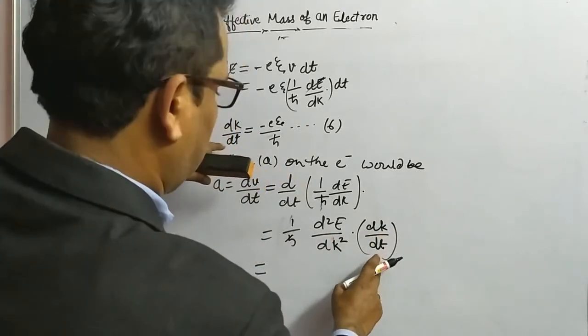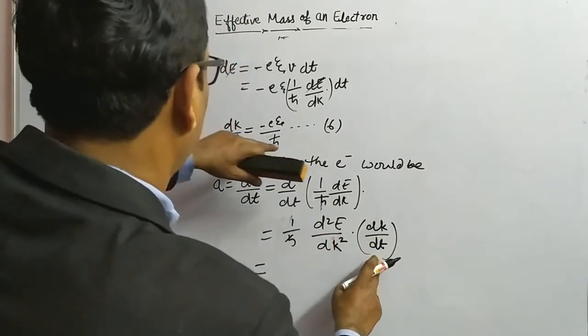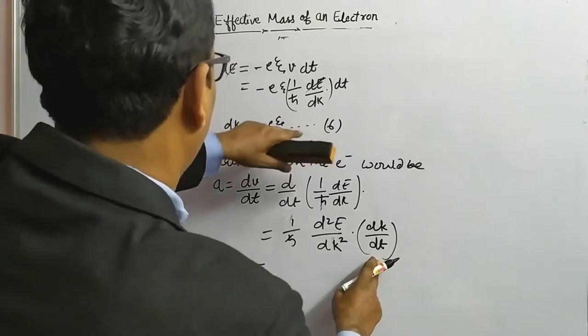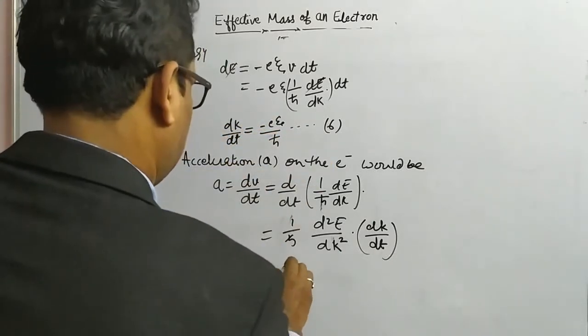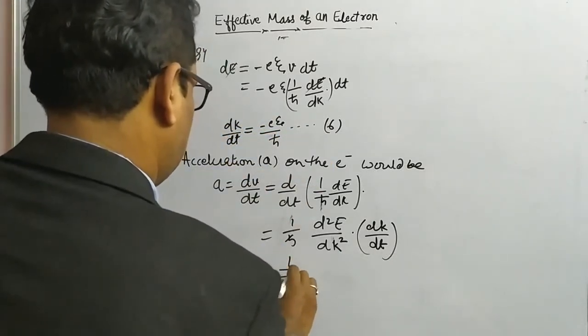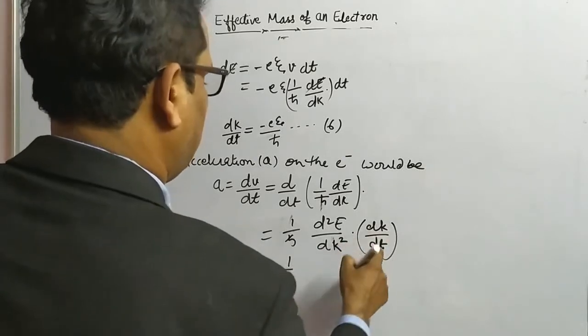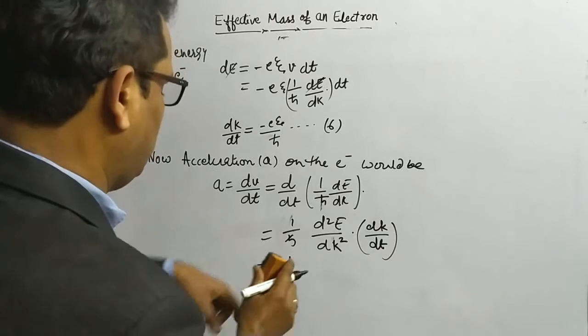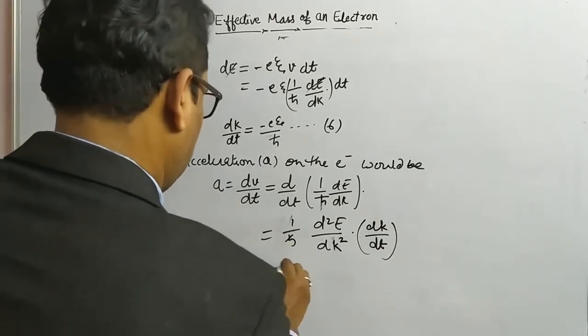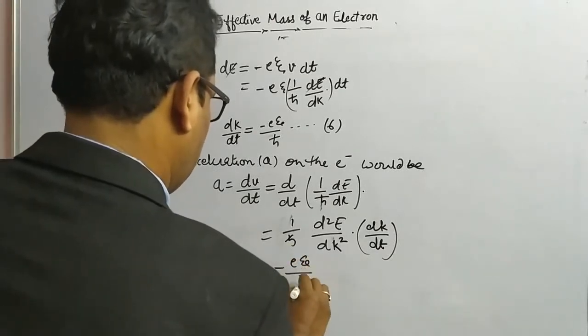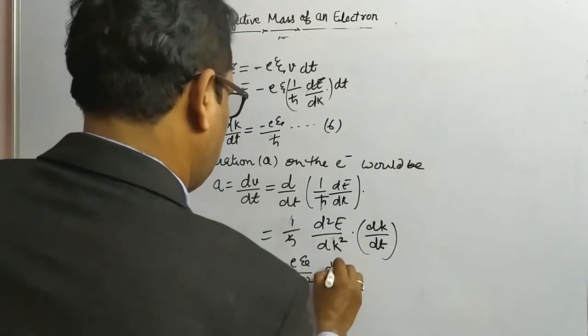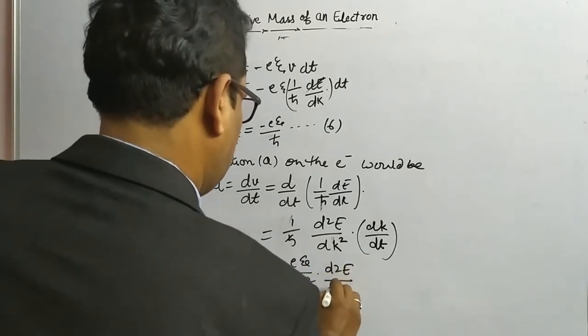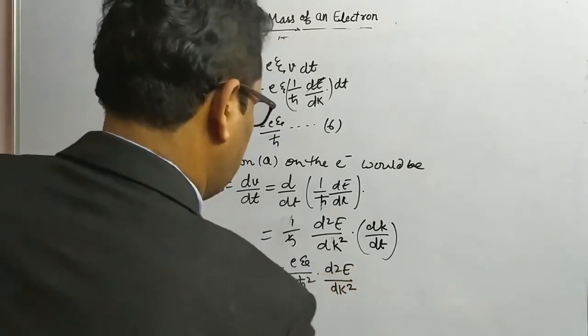For dk upon dt, we can choose the value from equation number 6. So this will be 1 by h cross times minus e Chi upon h cross, so h cross will become squared: minus e Chi upon h cross square d2E by dk square.